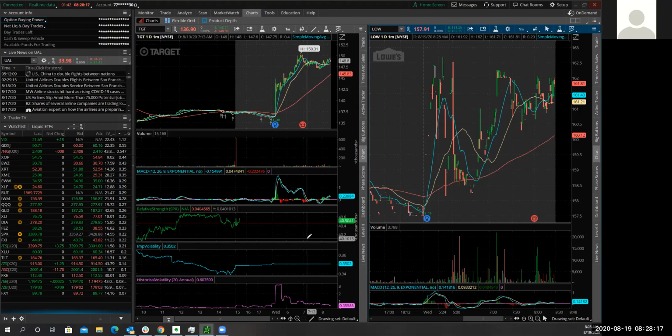Yeah, when implied volatility is high, it means that the perception of risk in that stock is high. And when the perception of risk is high, the option prices are elevated, much the same way as if a hurricane was headed towards Florida. You could imagine that hurricane insurance would be quite expensive if you had a home on the coast of Florida.